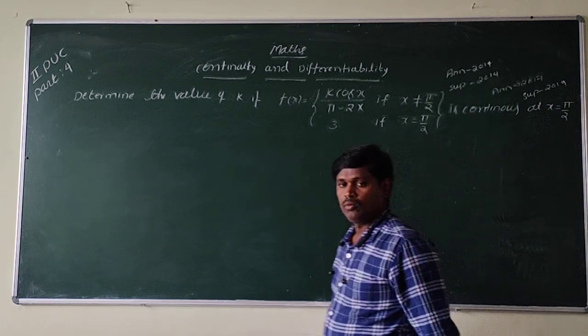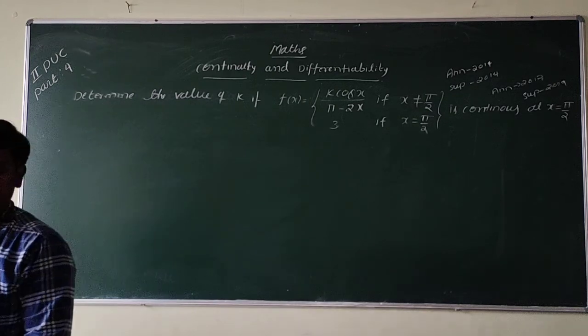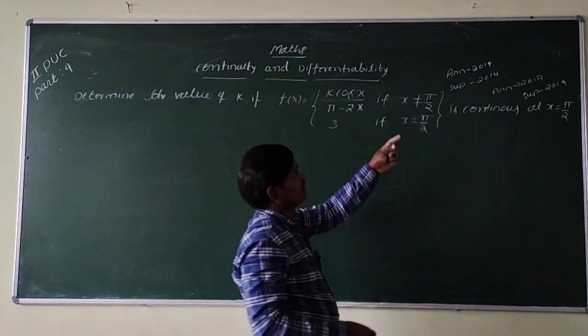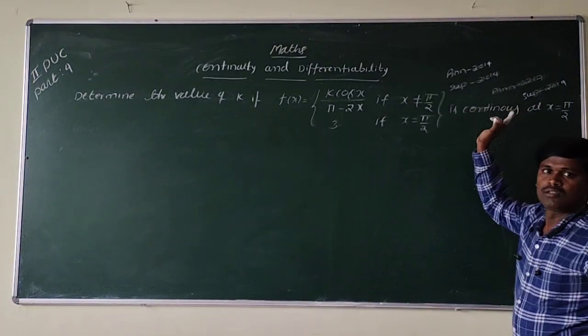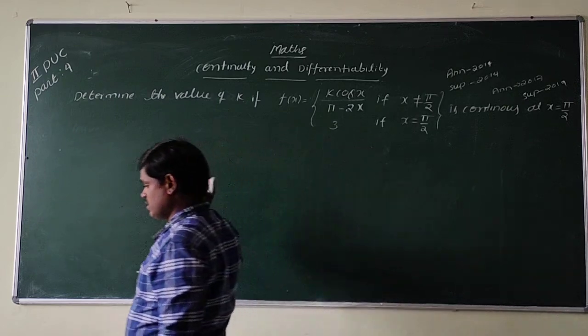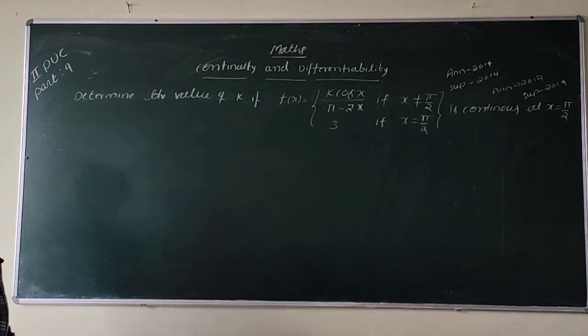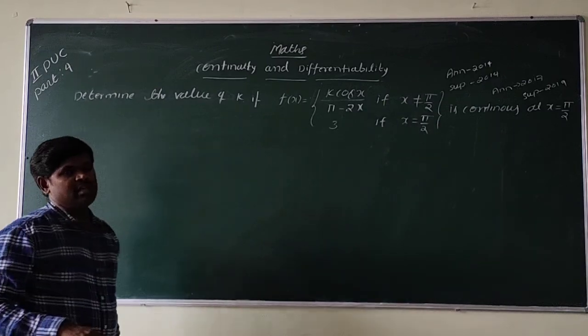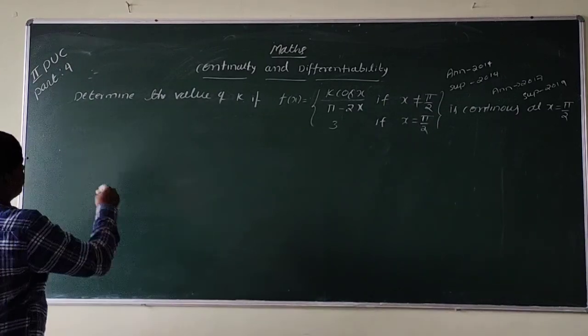Very important questions. This question is asked again and again in the previous year examinations. See, 4 times this question is repeated, so don't neglect it. Just using the concept of limit, we need to find the value of k because it's continuous. Okay, so solution.